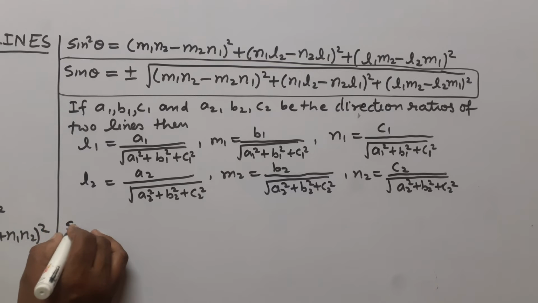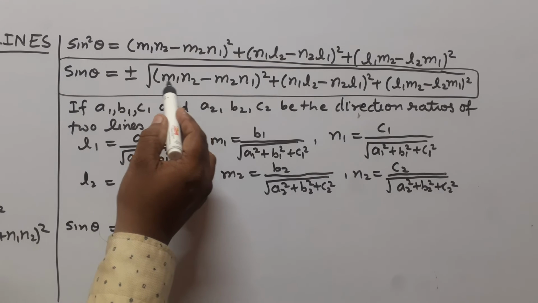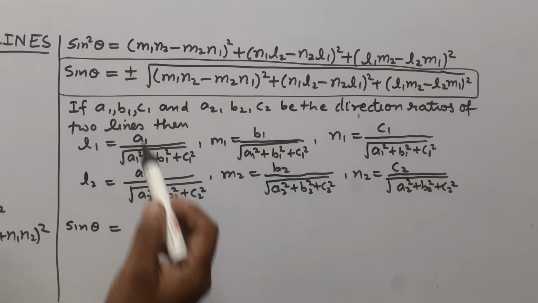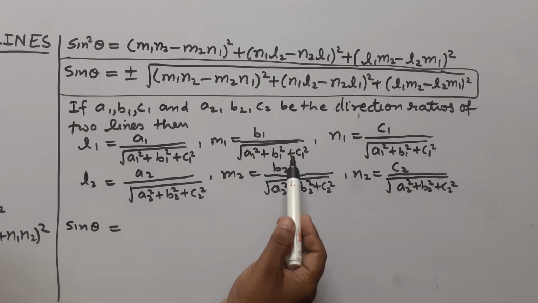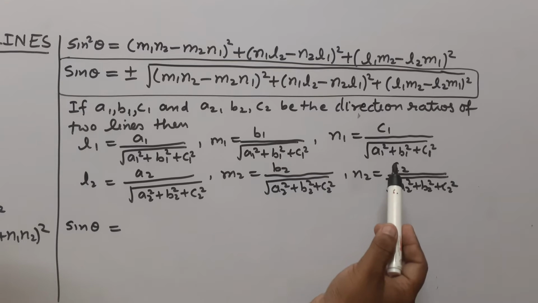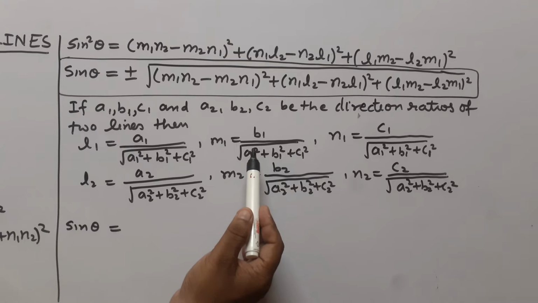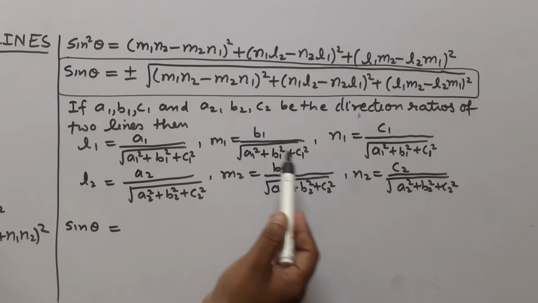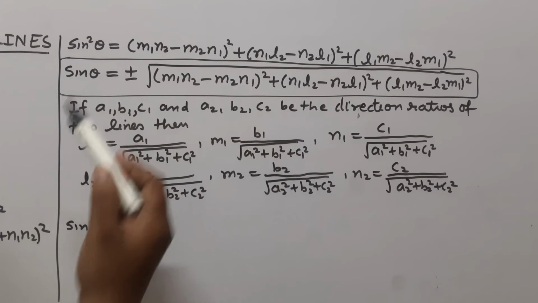So sin theta can also be written as, here we put the value of M1 and N2. So M1 is B1 upon under root A1 square plus B1 square plus C1 square, and N2 is C2 upon under root A2 square plus B2 square plus C2 square. So we put the values of M1 and N2, and similarly M2 and N1, in this bracket.